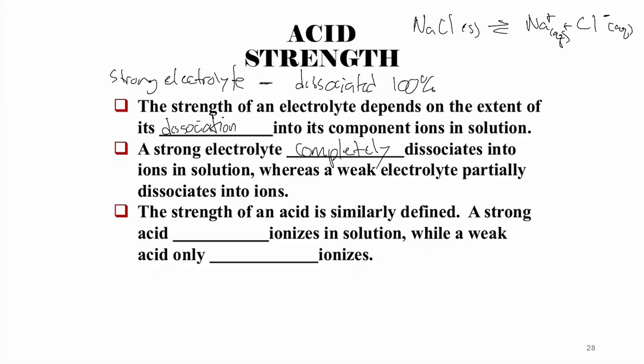Which means that if we have something like HCl, actually I'll go over that on the next slide. So a strong acid is going to completely ionize, and a weak acid is only going to partially ionize. And what do you think determines how much of it ionizes?